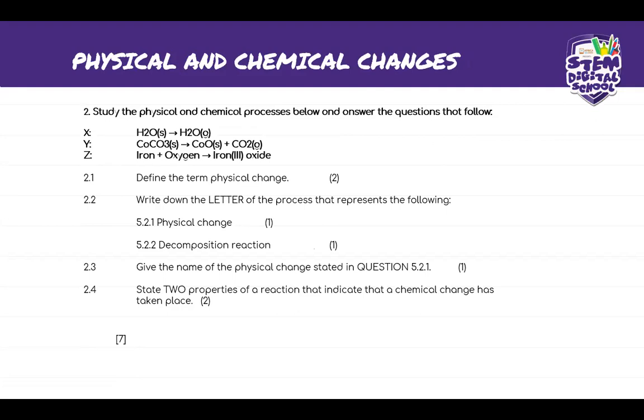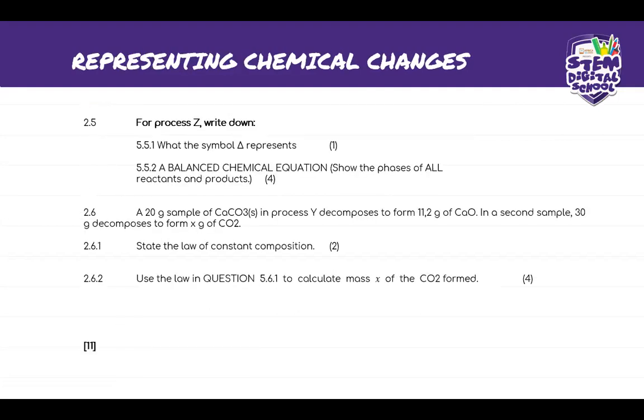So for the first one, they want to know what the triangle represents. Does anybody know what the triangle represents? This is a very simple one, guys. We've spoken about it many times. Can somebody please send me a chat of what they think the triangle in a chemical reaction represents?